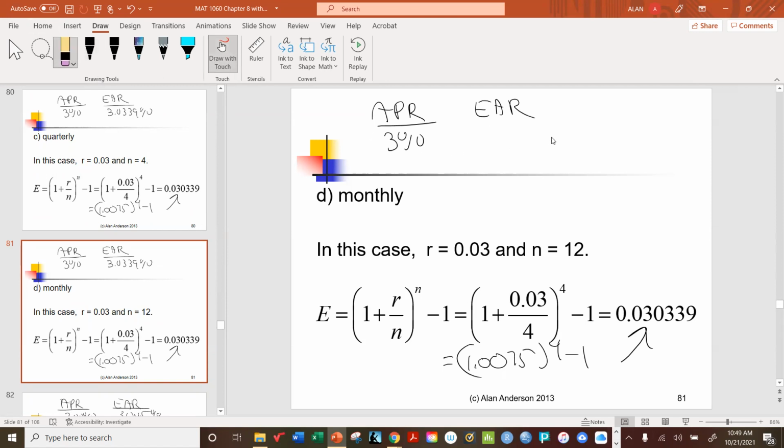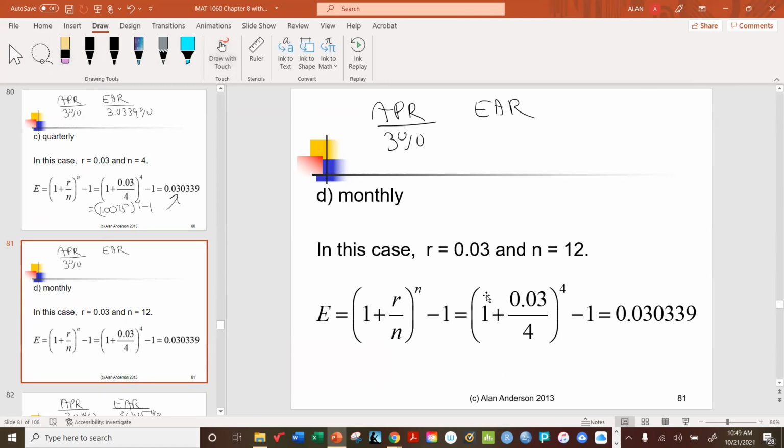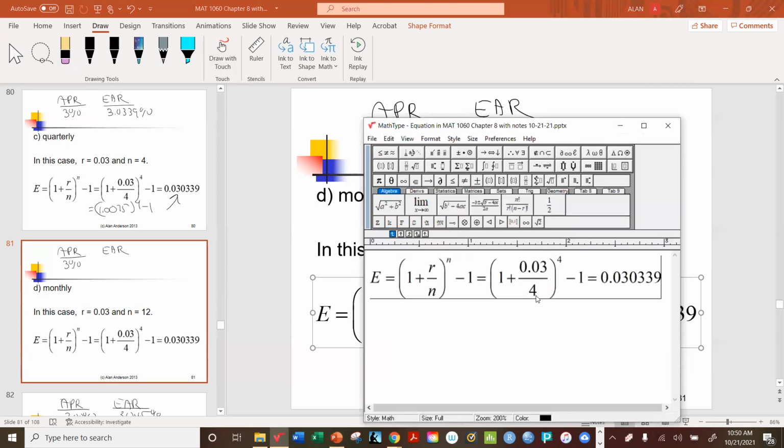Let's find out what this turns out to be. All right, so this is now 12. This is a 12.